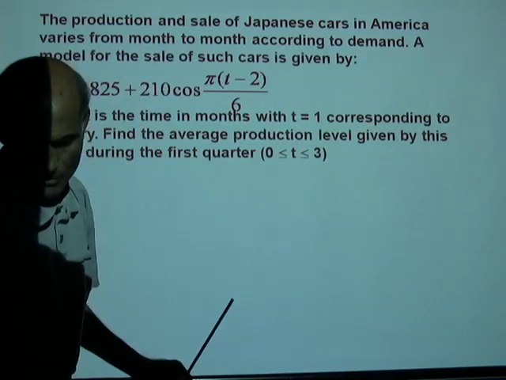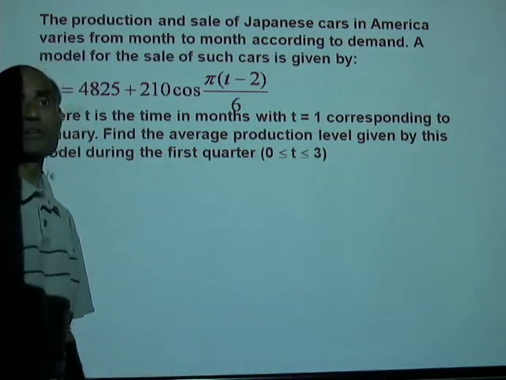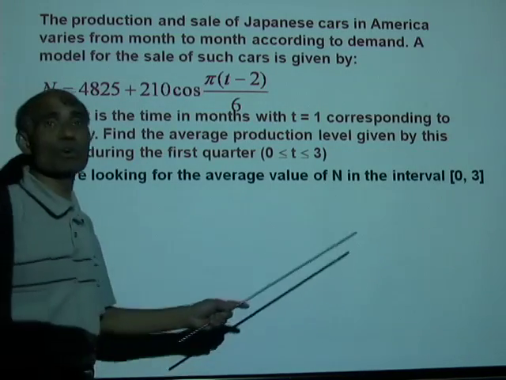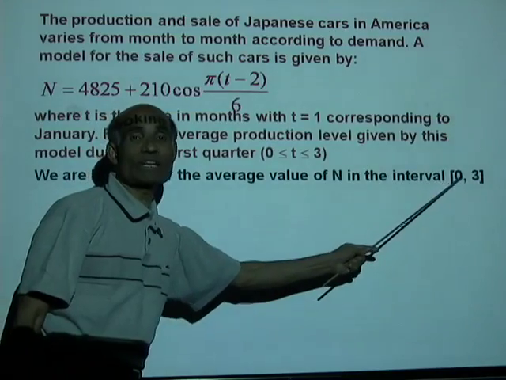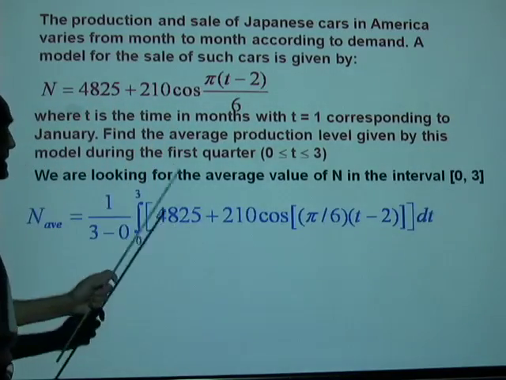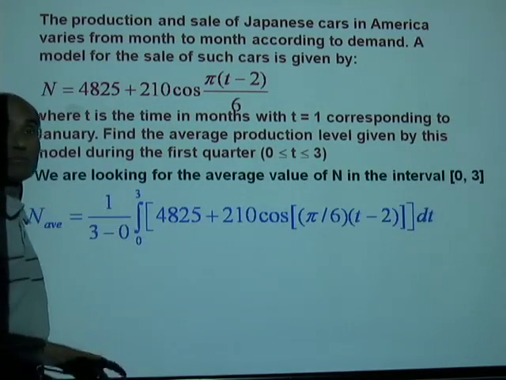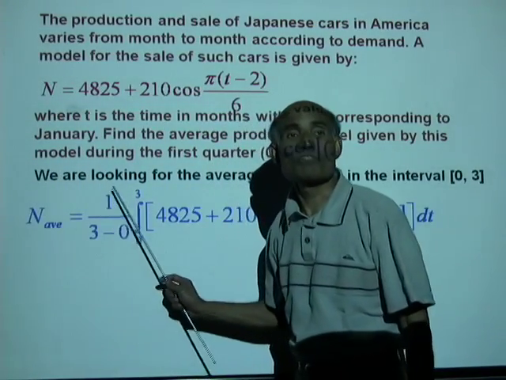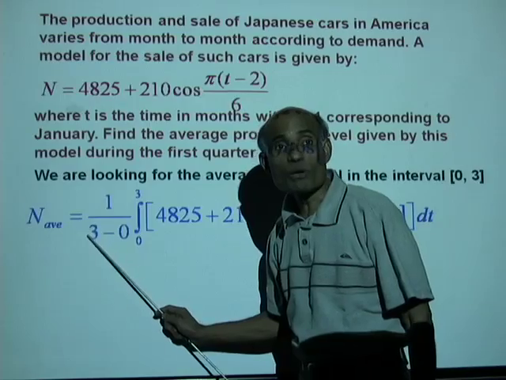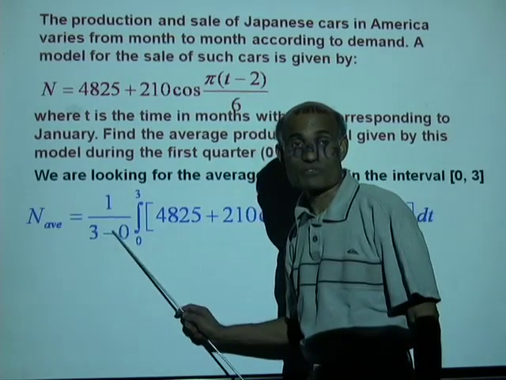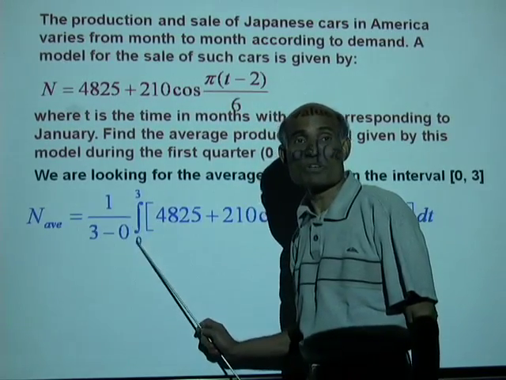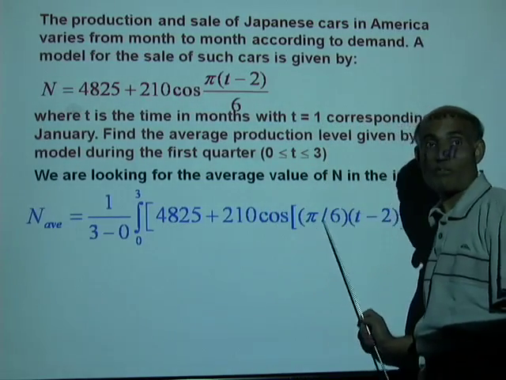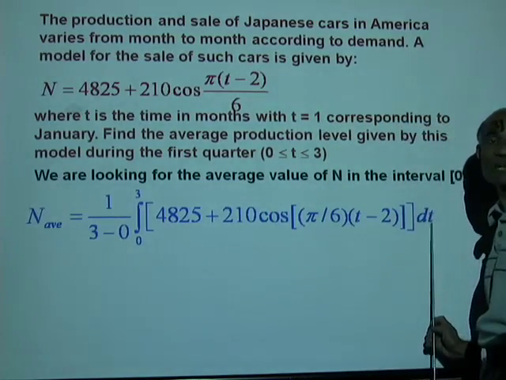Now, that will give you what your steps will be in here. We are looking for the average value of n on the interval 0 to 3, and therefore we will use the average value formula. The average value of a function is 1 over (b minus a), which is 3 minus 0, times the integral from 0 to 3 of our function with respect to t.